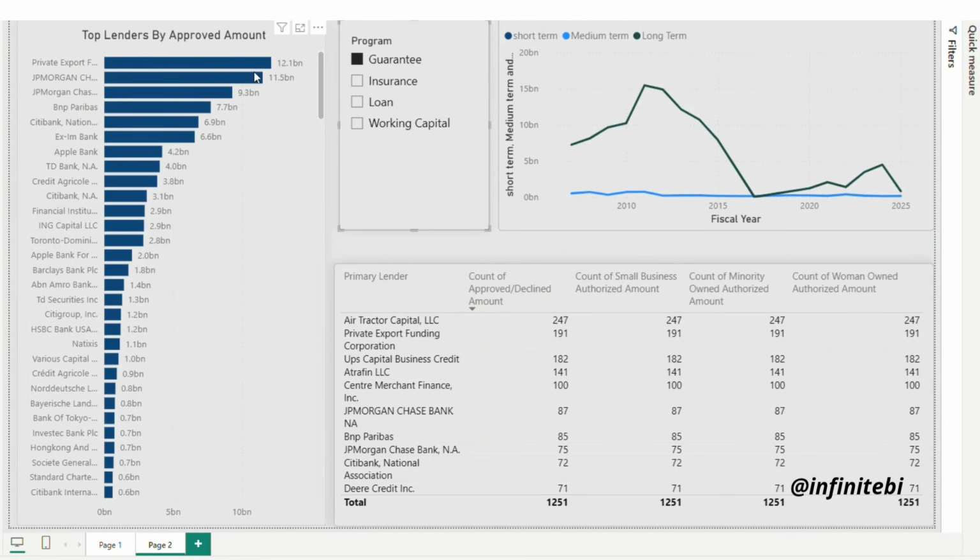For example, in this one, Private Export Funding has the most per amount of loan, but when it comes to the total number of loans, that one is 247 and is Air Tractor Capital. So Air Tractor Capital made the most loans in this category at 247, but not in value. It's just the number of loans.